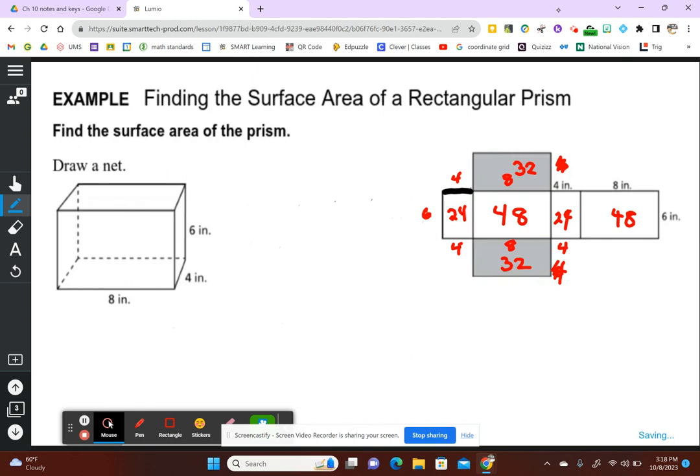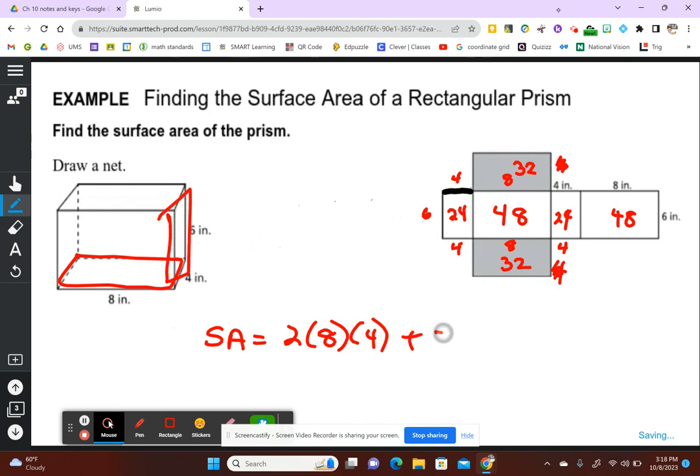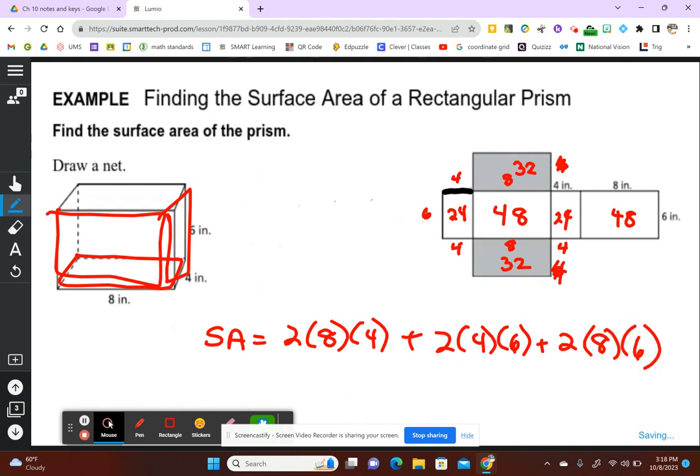Another way to do it is use the formula and say the surface area equals 2 times, let's look at the base. So 2 times 8 times 4 plus, now let's look at the side. That's 4 by 6. 2 times 4 by 6 plus, and then the last would be the front, which is 8 by 6. 2 times 8 times 6.